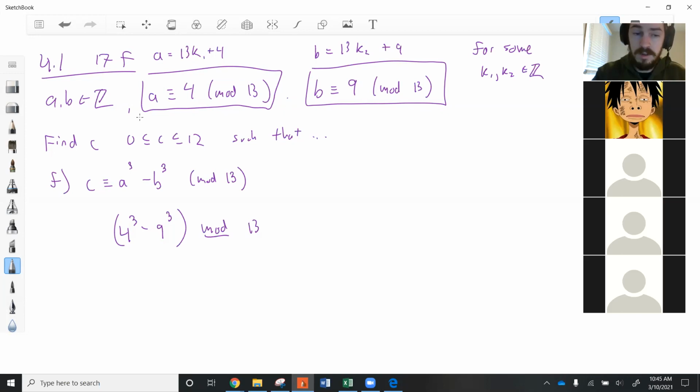Where'd your negative 17 come from? Oh, sorry, I did 9 squared. Oh, yeah, that's okay. We don't want that. Okay, so we actually want negative 665. That's the first thing, 4 cubed minus 9 cubed.